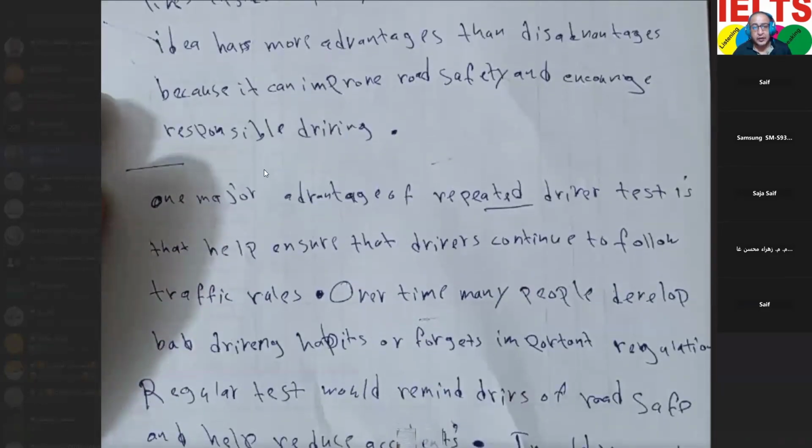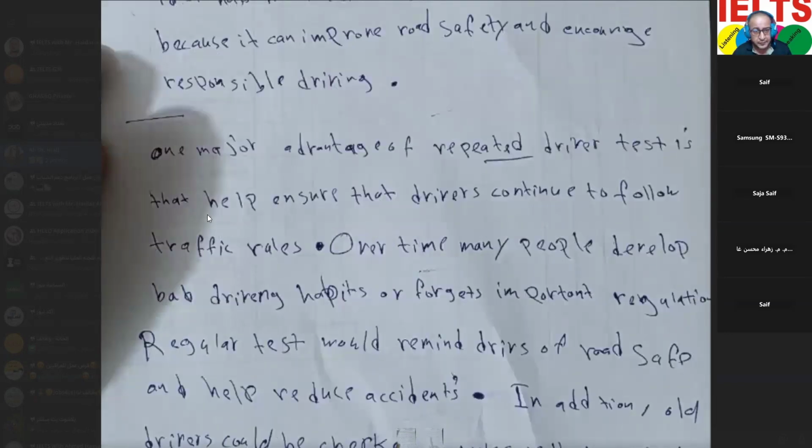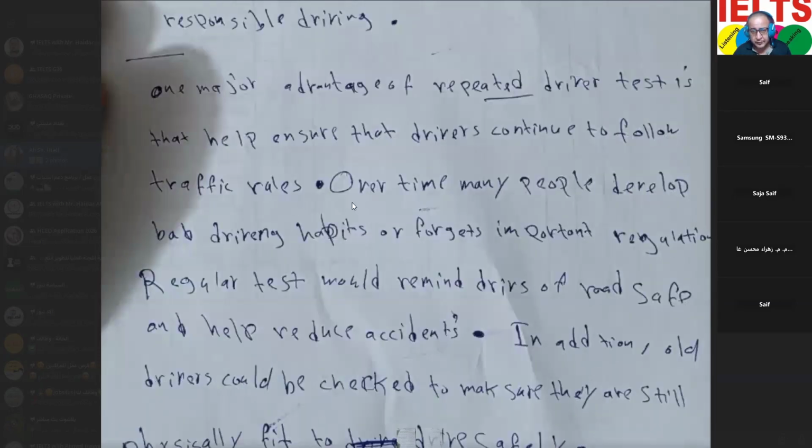Let's see. One major advantage of repeated driving, not a driver, a driving test is that it helps ensure that drivers continue to follow traffic rules over time. Over time should be written as two words and followed by a comma.